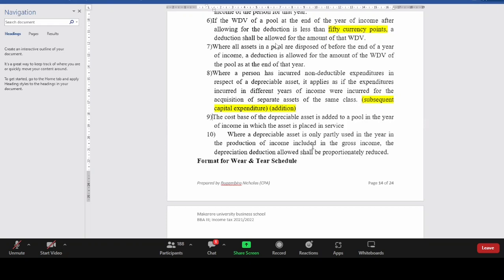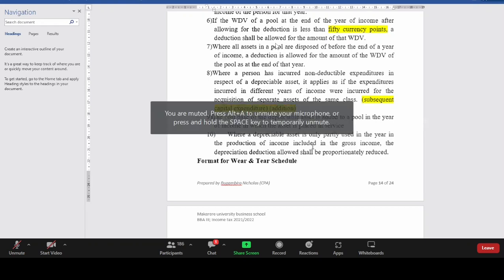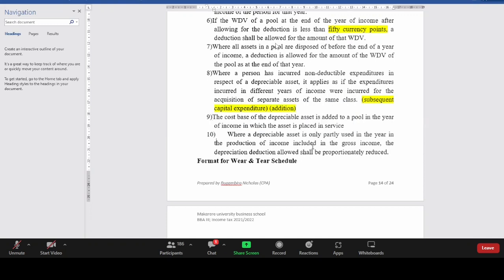It's just emphasizing what we saw up. You add it to that pool in which that asset belongs. But in the period where you have actually brought that asset into service; if it's not yet available for service, you will not bring it. Because remember, when you add it, it is supposed to be subjected to wear and tear.